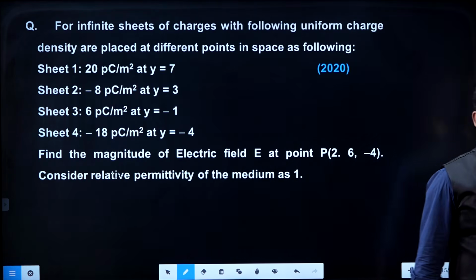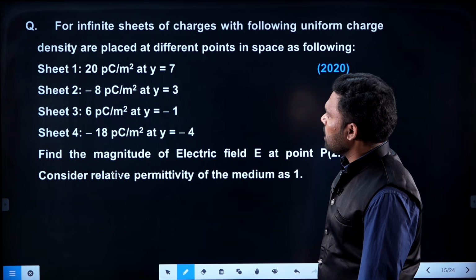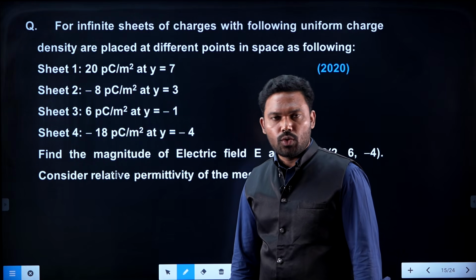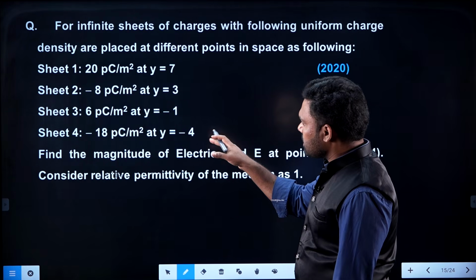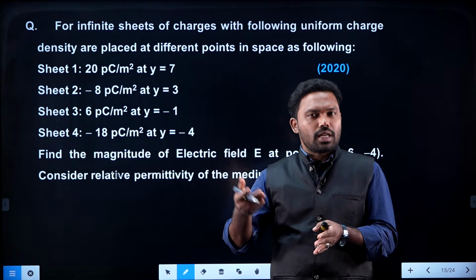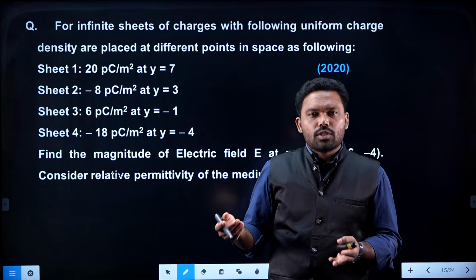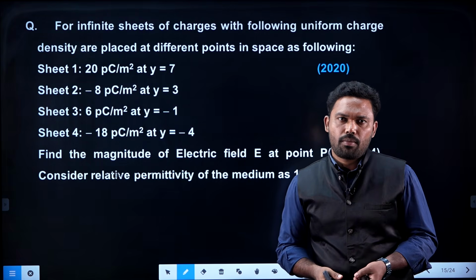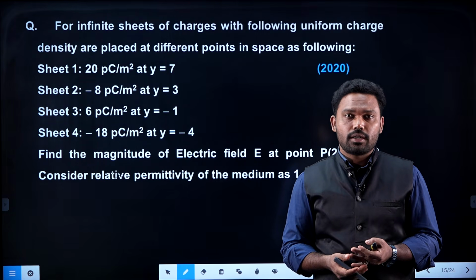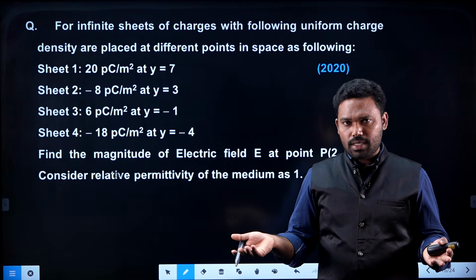So there is one more question here. Yes, this is also based purely on the formula. See, when you compare electromagnetic theory with other subjects, in electromagnetic theory obviously you need a little bit of visualization. For that I strongly recommend you go through some 3D images.